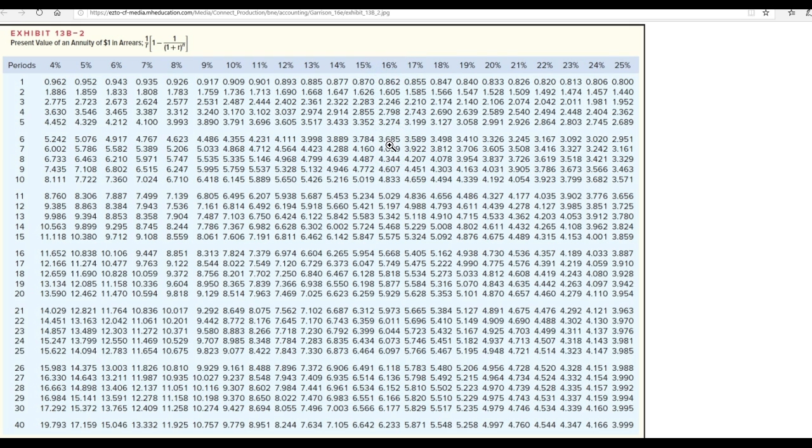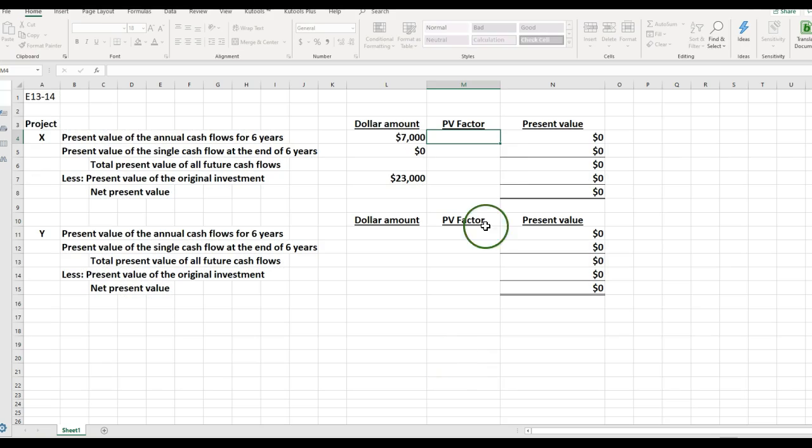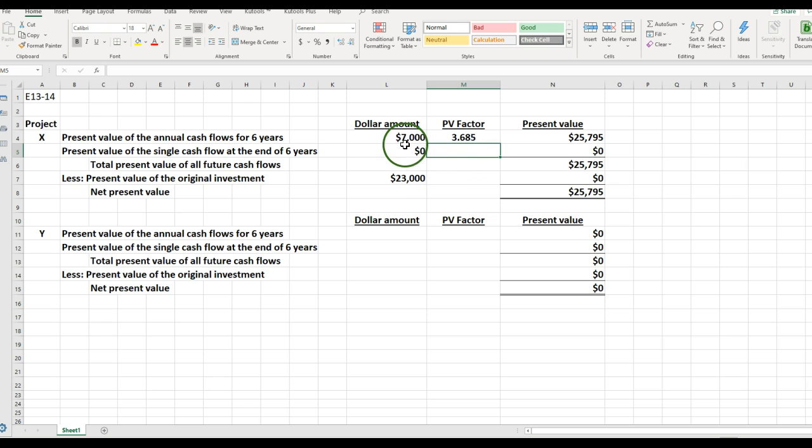So to find the present value of $7,000 per year for 6 years at a rate of 16%, we're going to use 3.685. So 16% column, the 6 period, the 6 year row. So 3.685. Plug that in, and this is worth, in today's money, $25,795.